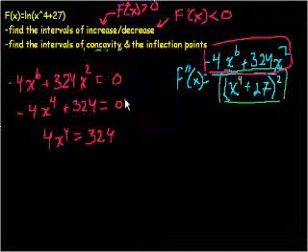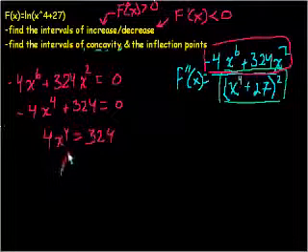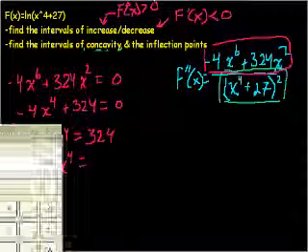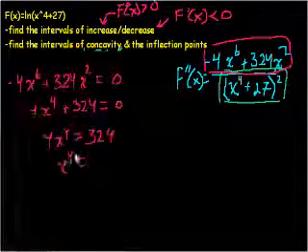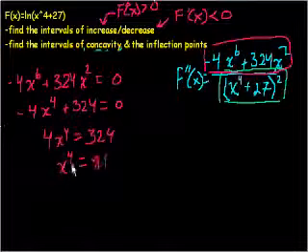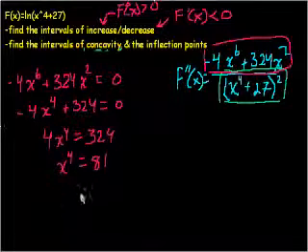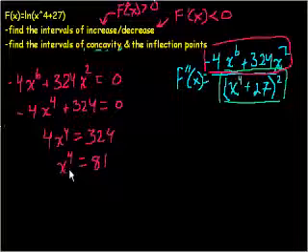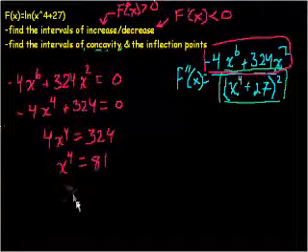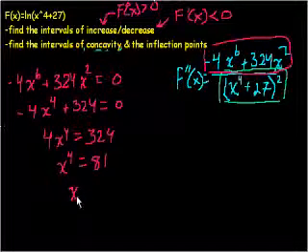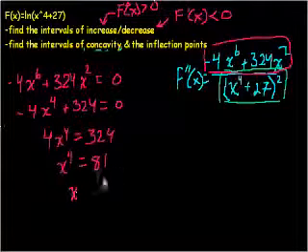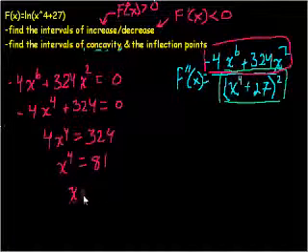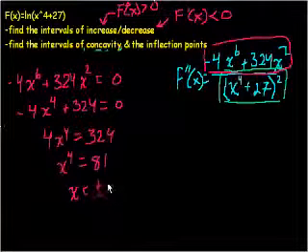Then x to the 4th is equal to, what's 324 divided by 4? 81. That's a good number. And what to the 4th power is equal to 81? Well, 3, right? Because 3 squared is 9, 9 squared is 81. And this is interesting though, x is equal to plus or minus 3, because minus 3 to the 4th power is also going to be 81.